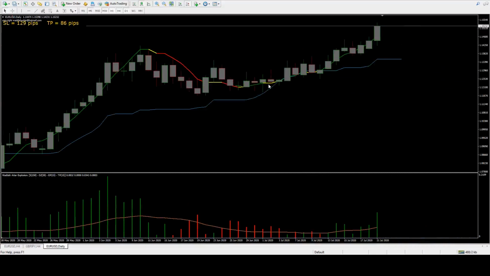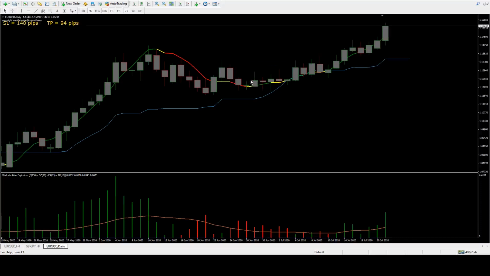Let's see, whenever this turns green, and if you take this one, for example, it's still a win, because you would open the position here and you would have to wait 1, 2, 3 days. By the 5th day you'd be on the win, and it never hit your stop loss.